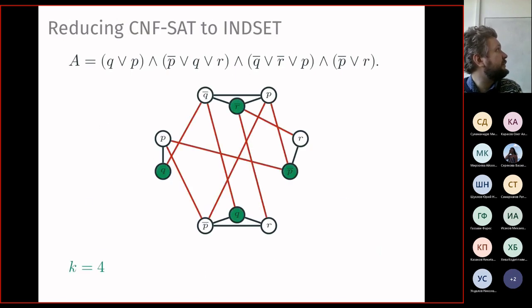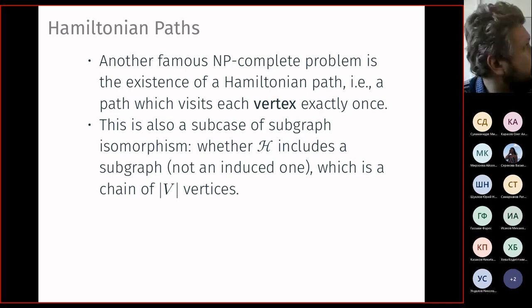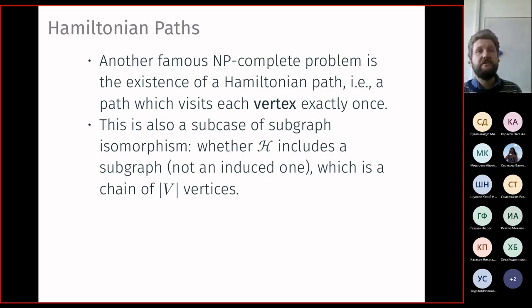And here in the Hamiltonian path situation, we have another specific case of subgraph isomorphism, which is a subgraph of the following kind. It's a long chain. Or if you want to seek a Hamiltonian cycle, this will be a long loop, a long cycle.